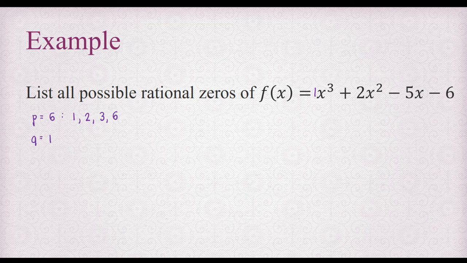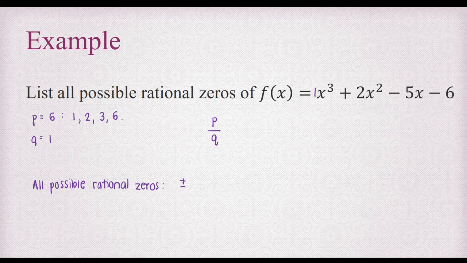So the definition says that we want to have p being divided by q. That's how we want to set everything up. Okay, so all my possible rational zeros are going to be me taking a plus or minus sign, and then I want to do a combination of p divided by q.